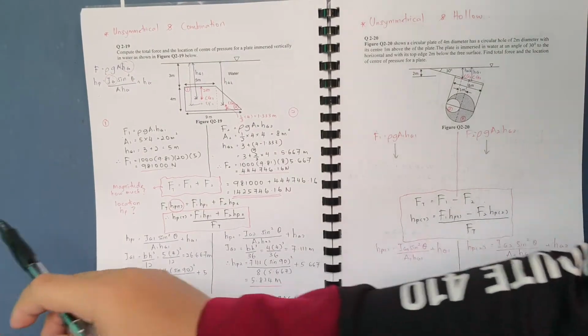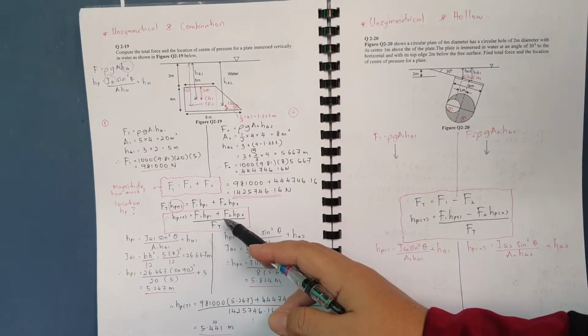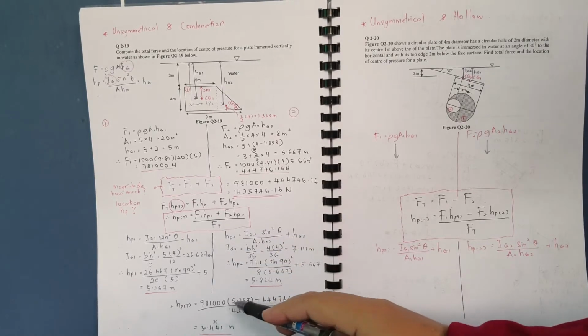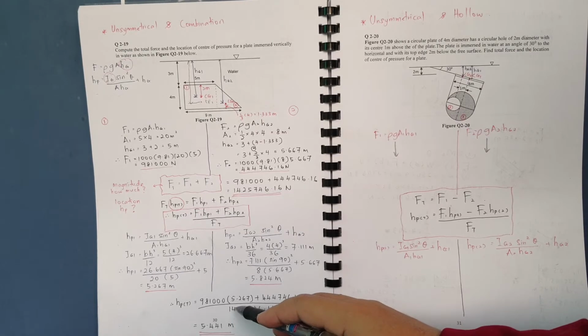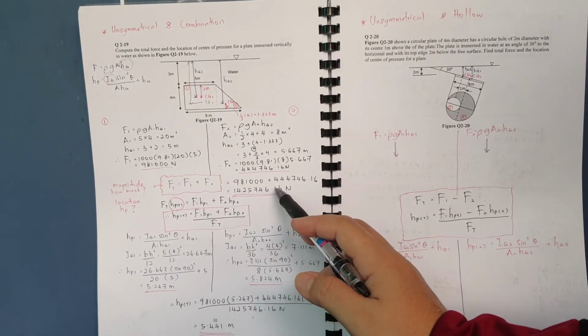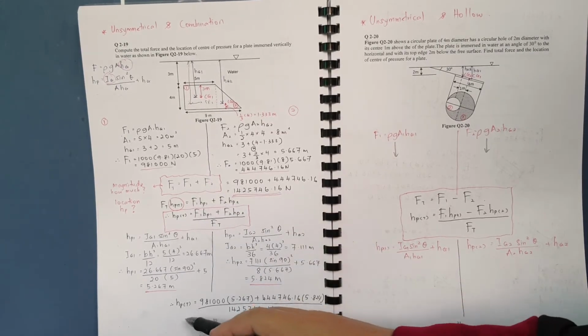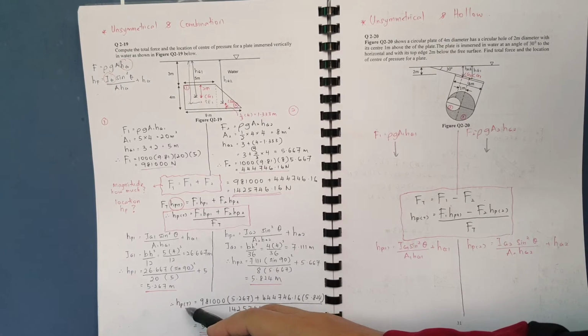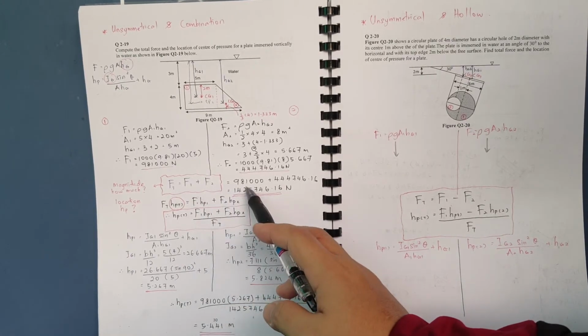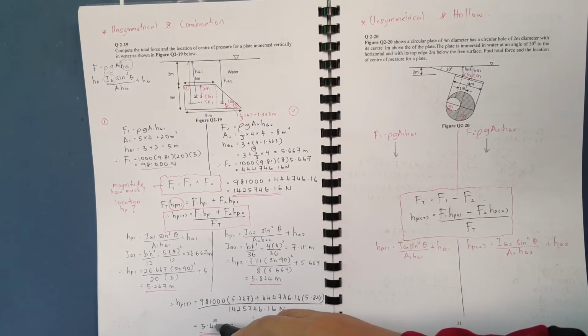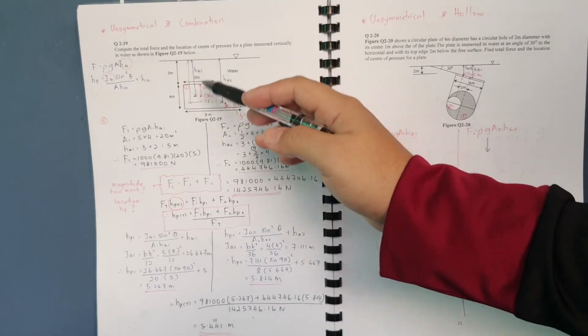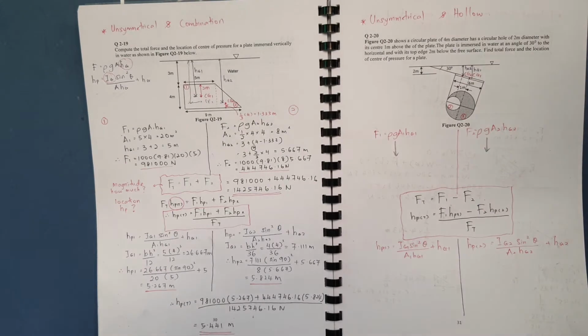After that, plug into the HP total equation: F1 HP1 plus F2 HP2 divided by F total that we got here. So we get the HP total. Meaning the F total acts at 5.441 from the surface. Okay, understand?